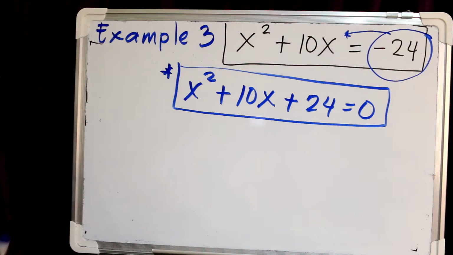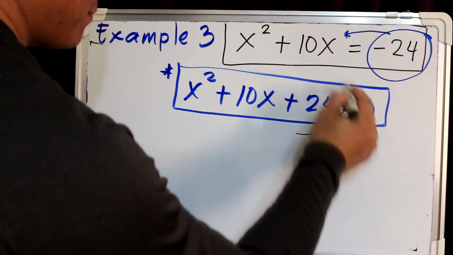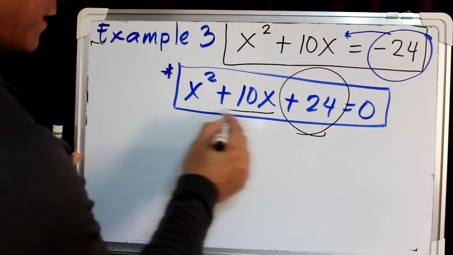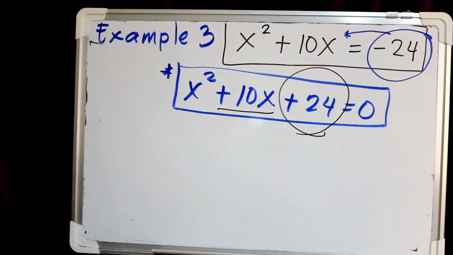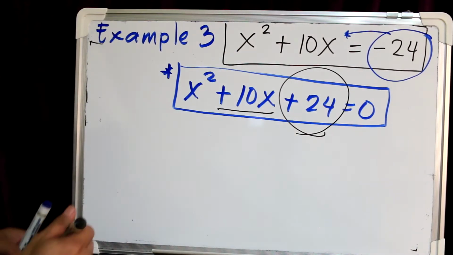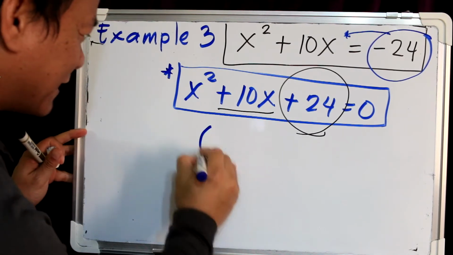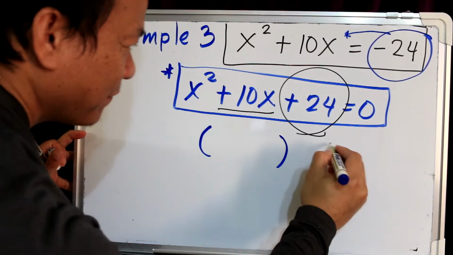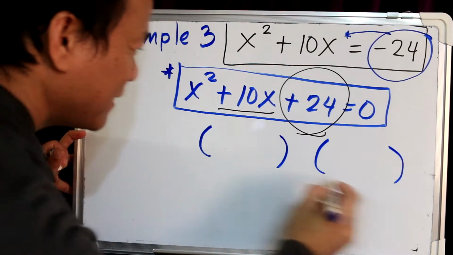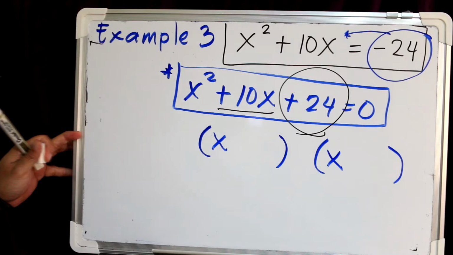Okay? So again, we will take note of this number and of these numbers here. We have 24 there, and we are going to make again 2 brackets. Of course, they have 2 x's there.